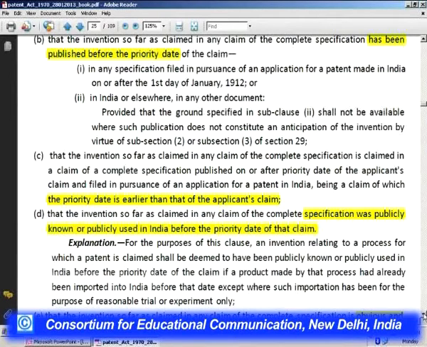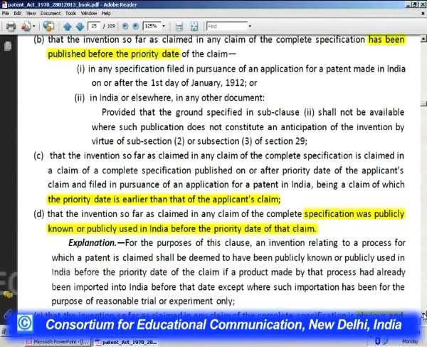then in that case it will be really complicated for him to prove or establish that his invention or his claim is the one which fetches the priority date, that it is filed earlier than that of the others.